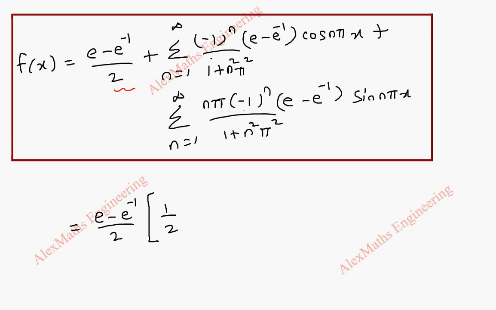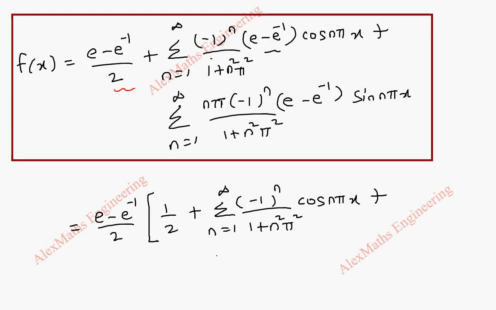Then after taking this common, we have summation n is equal to 1 to infinity minus 1 whole power n by 1 plus n square pi square and cos n pi x plus summation n is equal to 1 to infinity.